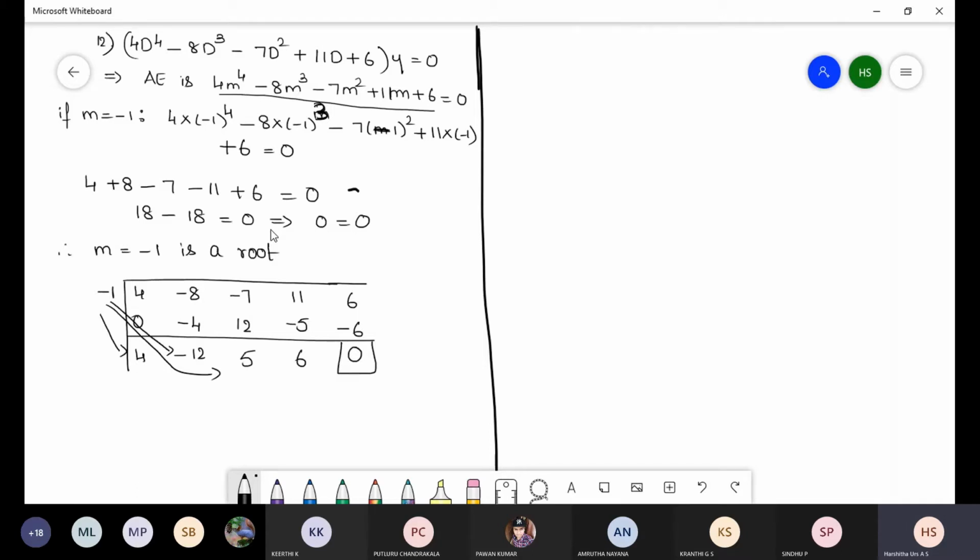So once we get 0, we have to rewrite the equation. Here we have taken power 4, so we have to take one power lesser than that. That is 4m cube minus 12m square plus 5m plus 6 is equal to 0.